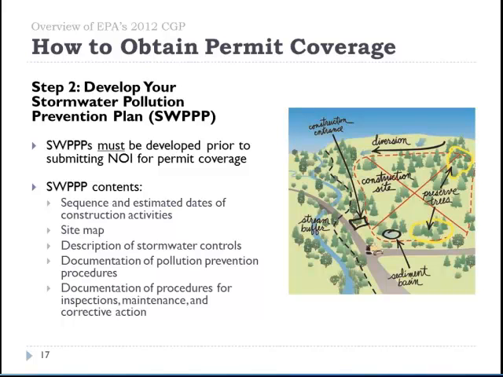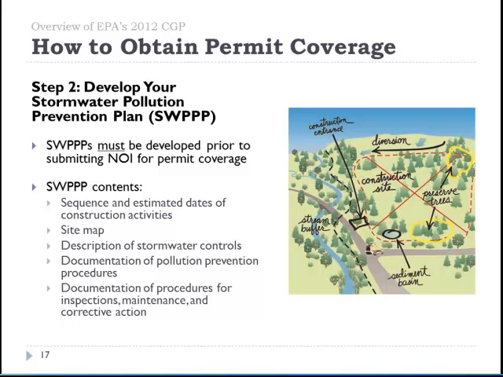There is a great deal of flexibility on developing a joint SWPPP. I'll be getting into the requirements for the Stormwater Pollution Prevention Plan, but that kind of coordination is actually encouraged as long as the different responsibilities that might shake out between the owner and the operator are spelled out in the SWPPP, and it's pretty clear.